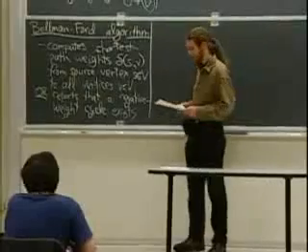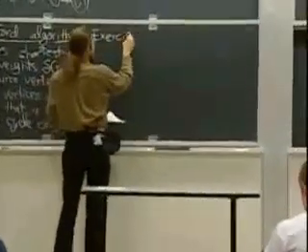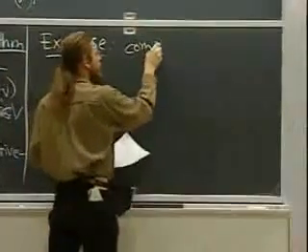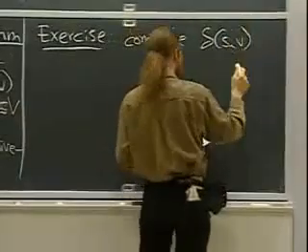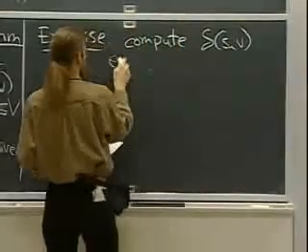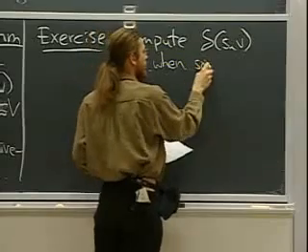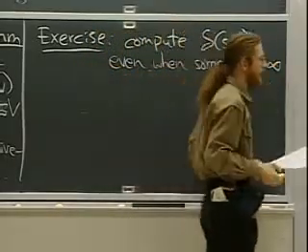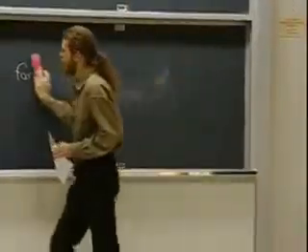So an exercise, after you've seen the algorithm, the exercise is compute these deltas in all cases. So it's not hard to do, but we don't have time for it here.